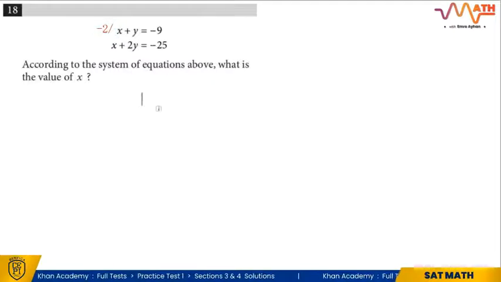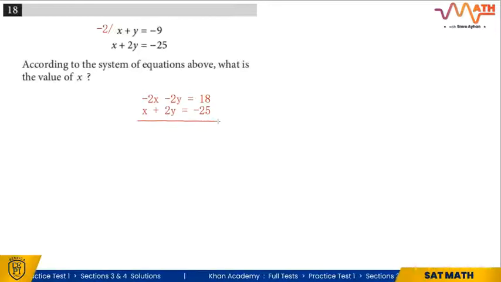So the equation will be negative 2x, negative 2y is equal to positive 18, and x plus 2y is given negative 25. And when we add them up, y will be eliminated.